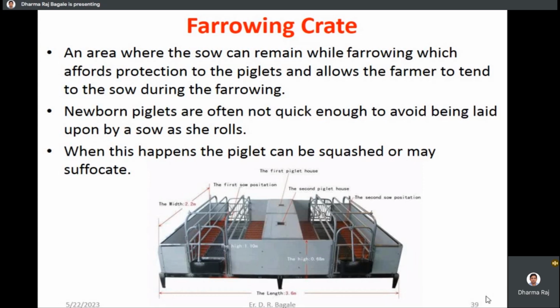So the farmers can reach the piglets during farrowing, and they can separate the piglets from this farrowing crate to the piglet position.